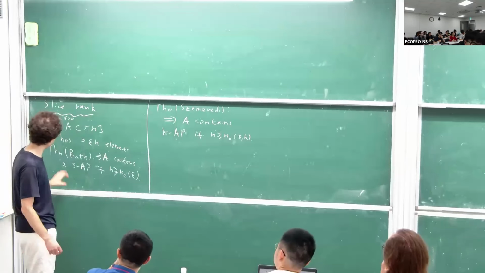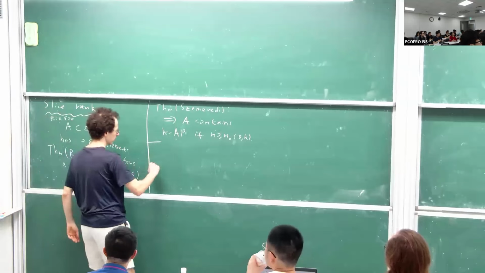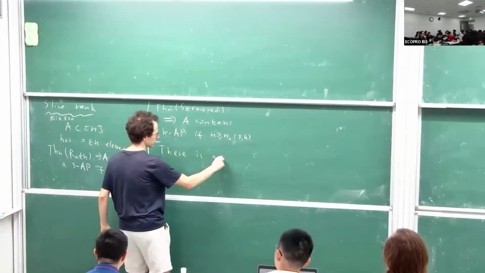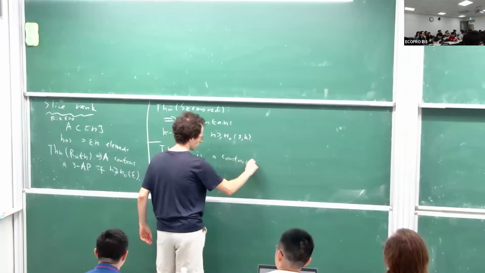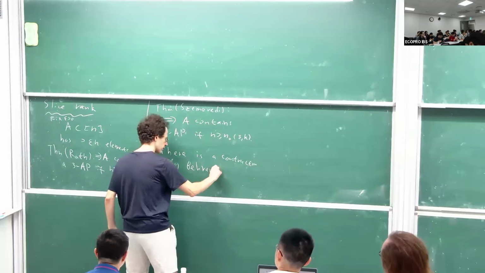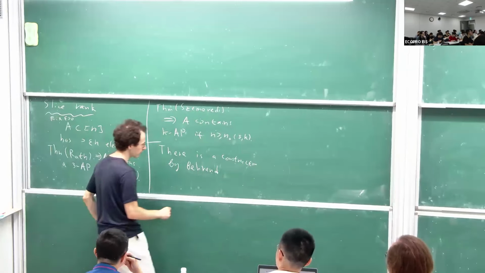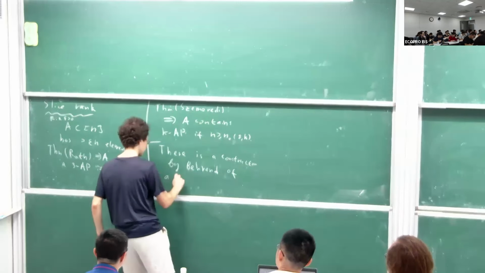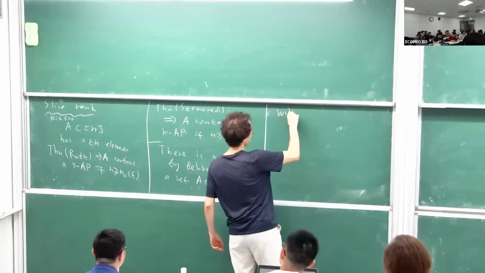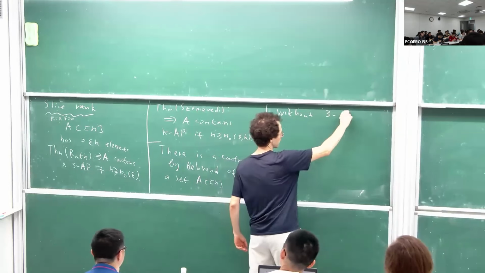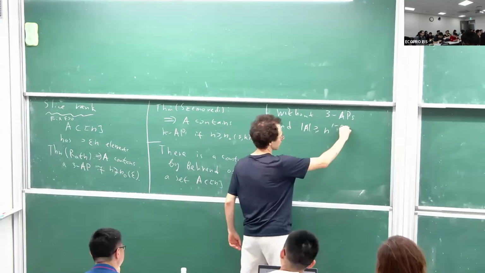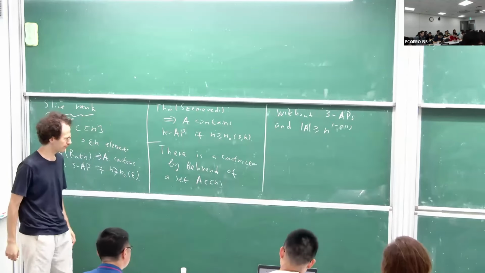So for example, for the 3-AP, there is a construction, which again we are not showing in this lecture, by Behrend; if you haven't seen it, highly recommend to check it. It gives a set A without 3-APs whose size is bigger than n to the 1 minus epsilon for every epsilon.